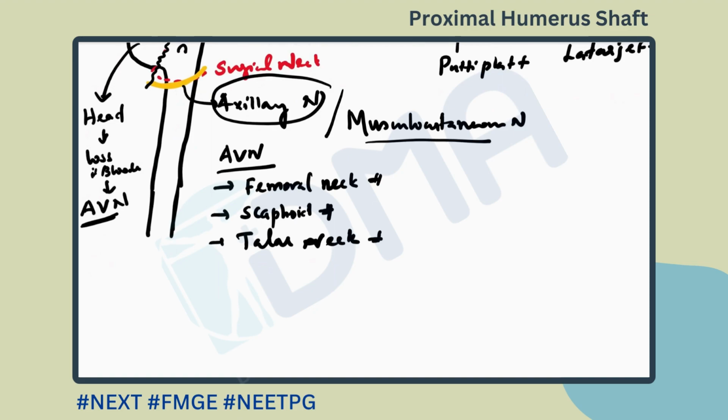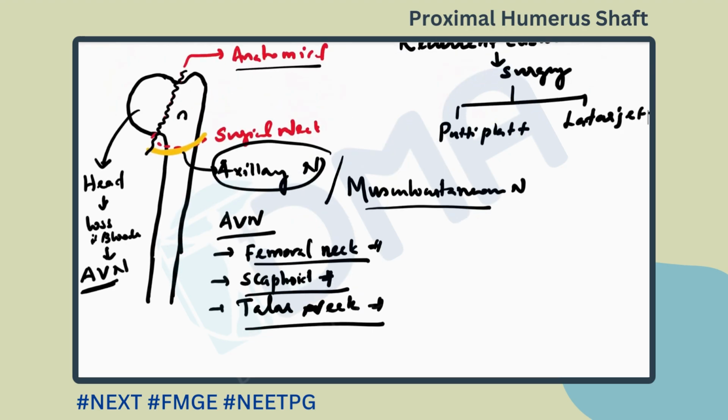Talar neck fractures can have avascular necrosis. Okay, so this is very important, a repeatedly asked question. Avascular necrosis of the bone is seen in certain fractures: one is femoral neck fractures, talar neck fracture, and fracture of the humerus in the anatomical neck region. Okay, repeatedly asked MCQ at this point.